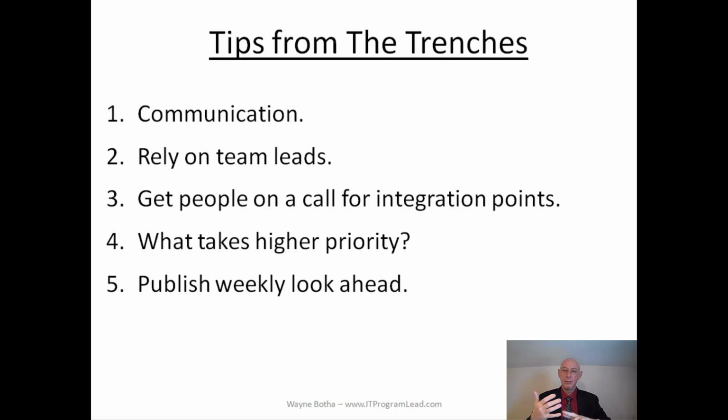For example, what will the waterfall team need next Wednesday, and is that in the correct priority for the Scrum teams? And what will the waterfall team need at the end of the month, and is that deliverable or feature in the backlog in the correct priority on the agile teams? That communication is best done through a meeting every week to sync up the various parts of the program.